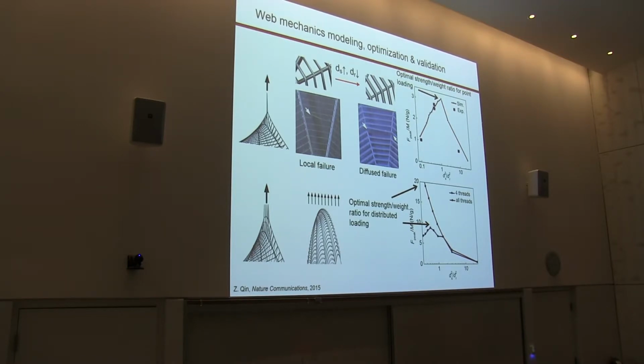But for other kinds of loading conditions, like if I involve many of the threads and load them together, or I deform the entire web by simulating ring loading or wind loading, I will end up with other optimized solutions. For example, for those two cases, the optimized design shifts from the middle to this end, which means you need a very thin, small spiral thread and very large radial thread to optimize the strength.